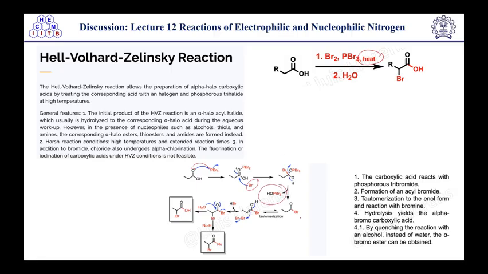After getting this, we have acyl bromide in hand. After this acyl bromide, the keto-enol tautomerization will take place. Proton abstraction will take place from here and then we'll get the tautomerized enol.